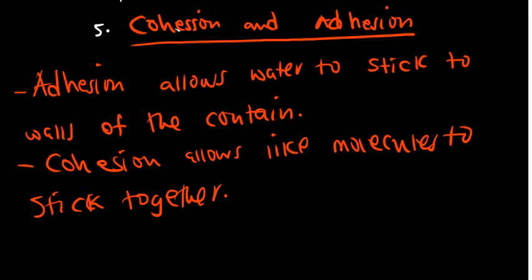So the cohesive and adhesive properties allow water to be transported through small tubes, because water is able to stick to the walls of the xylem vessels. So we also have surface tension, which is the last property that we are going to look at.